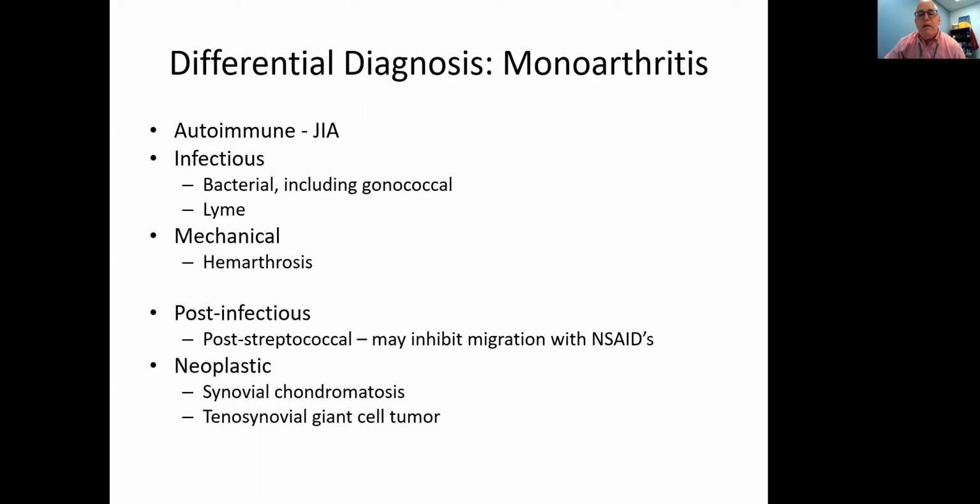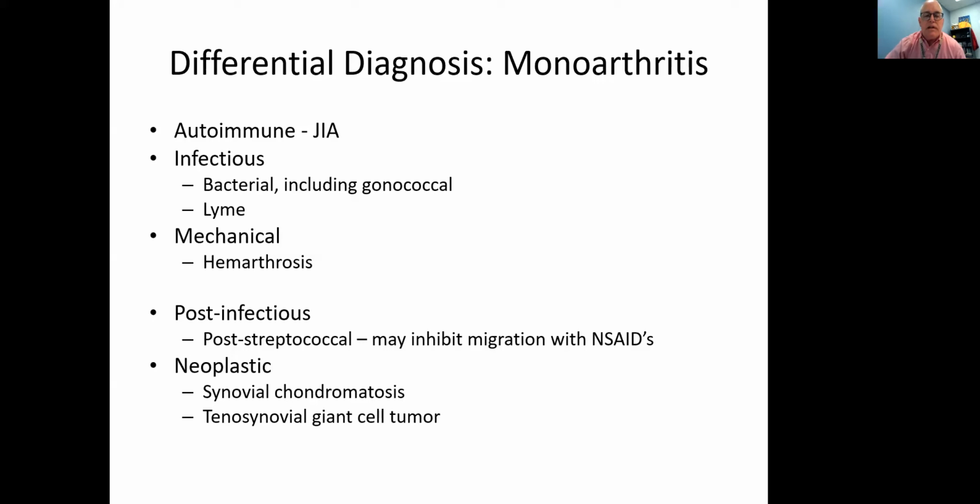Post-infectious is typically polyarticular, but it's important to recognize that post-infectious arthritis can be very sensitive to NSAIDs, which is good in terms of pain relief, but can be bad in terms of helping you understand etiology.